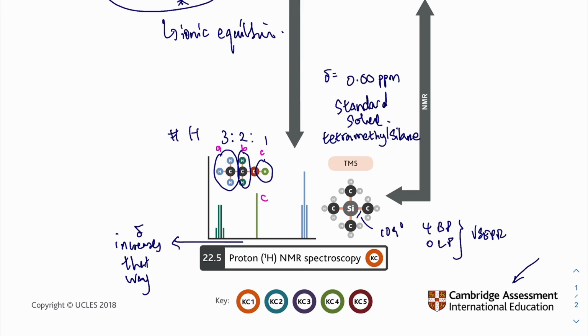What they see are these 3 neighboring protons. You have 2 on yourself when you are here, and those 2 are the same. You see 3 neighboring protons that you couple to. Therefore you give 3 plus 1 lines, which is 4 lines, a quartet, and that is environment B.